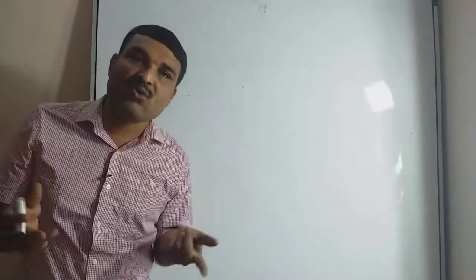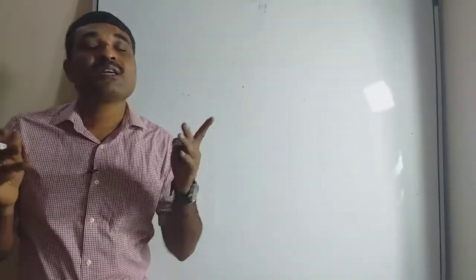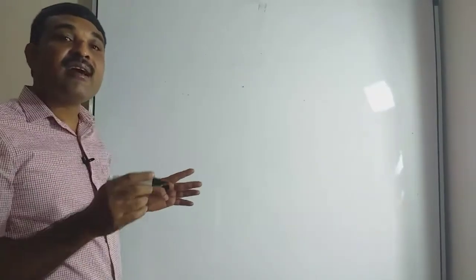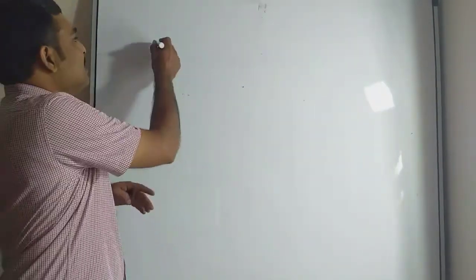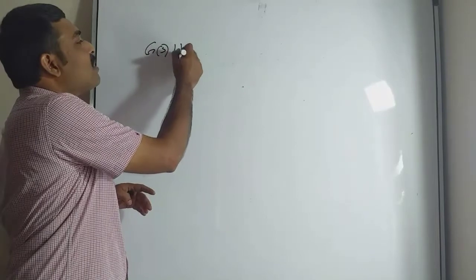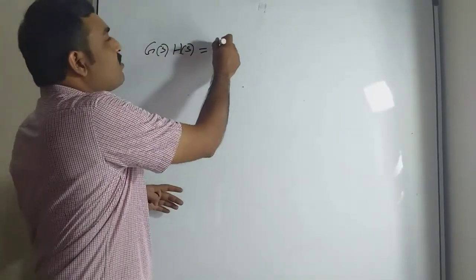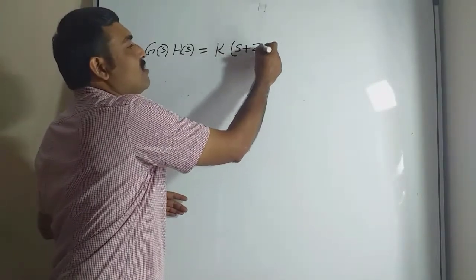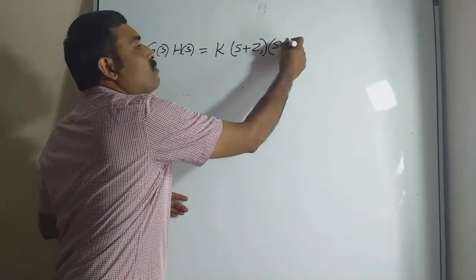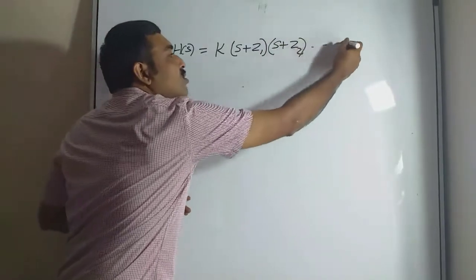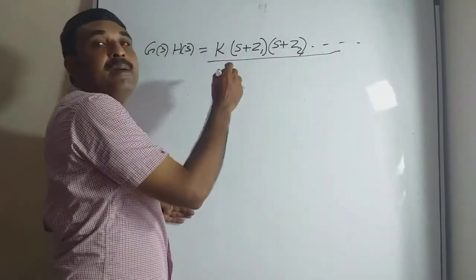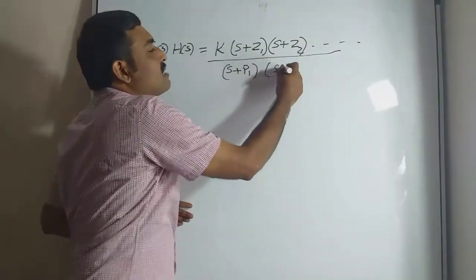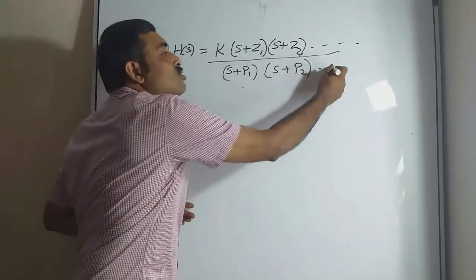For constructing root locus, we should know the position of open loop zeros and open loop poles. In general, we can write the open loop transfer function G(s)H(s) equal to gain k multiplied by the zeros (s+z1)(s+z2) and so on, divided by the poles (s+p1)(s+p2) and so on.